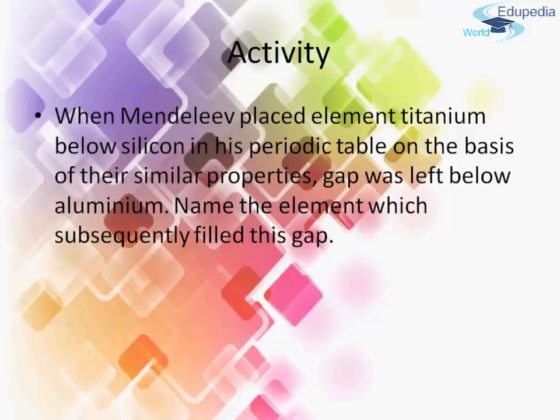When Mendeleev placed element titanium below silicon in his periodic table on the basis of their similar properties, a gap was left below aluminum. Name the element which subsequently filled this gap. I hope you can do this question. If you have gone through this video properly and attentively, you can do this easily.